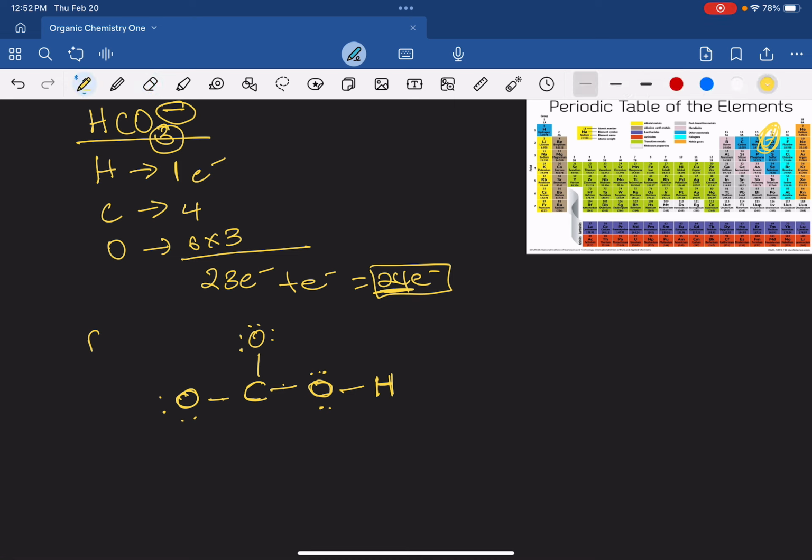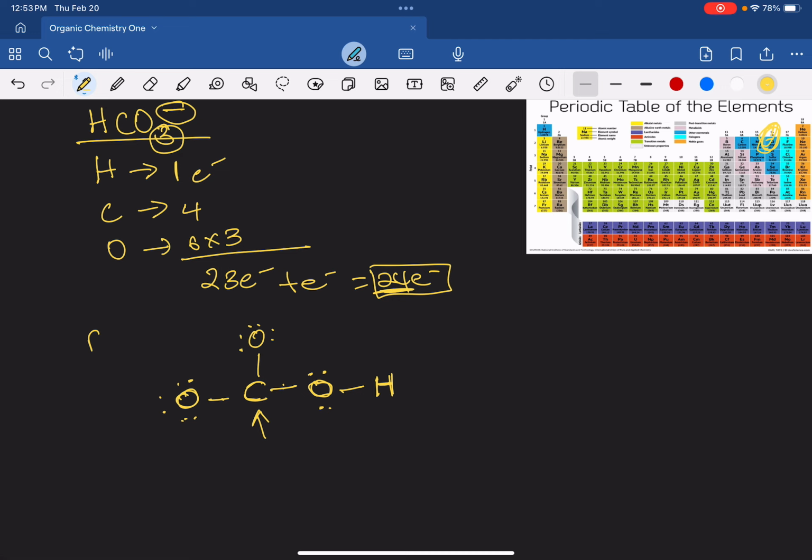Let me put this back and let's see if we have 24 electrons. Mark you, this cannot be the lowest structure on the grounds that the carbon is not happy. It doesn't have a full octet. But let's just see, do we have 24? 2, 4, 6, 8, 10, 12, 14, 16, 18, 20, 22, 24. So you have 24. Beautiful, right? That's great.